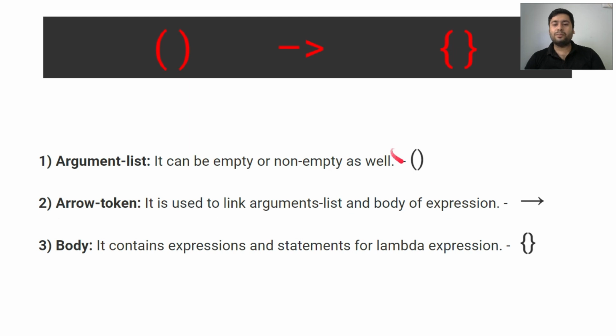So whatever arguments people pass while calling the method, you can take through that parenthesis, and through the arrow token you can give them to the body of your lambda expression. Now the body contains the expressions and statements of the lambda expression. So this is the list of arguments, the arrow token, and the body of our particular implementation of the method. Okay, understood?